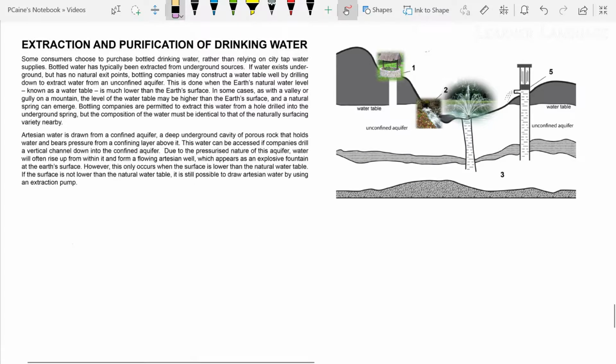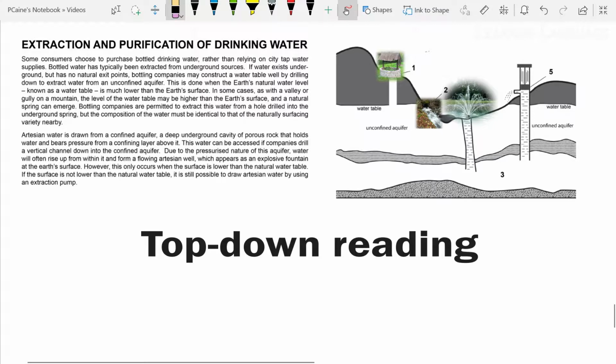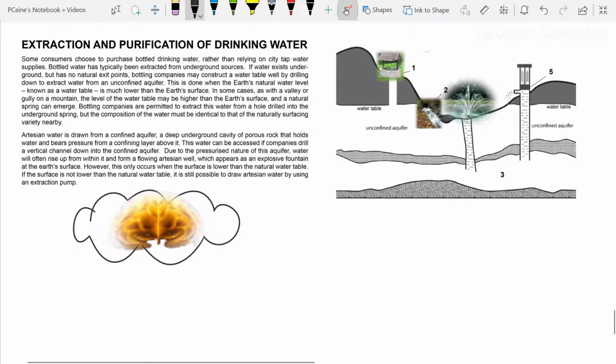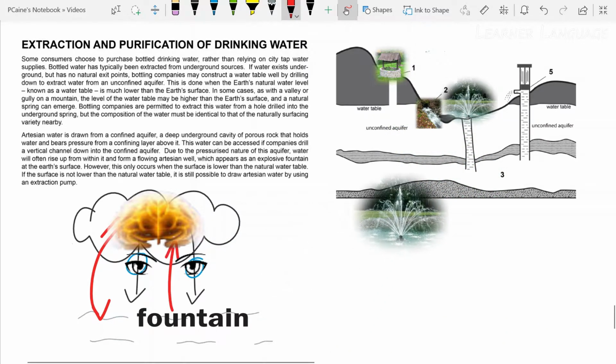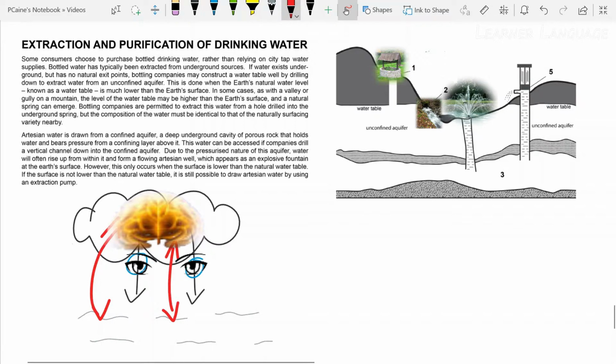And this process is called top-down, that you begin with the image in your mind, and then you look, I guess, with your eyes, and then you check the words to make sure that your ideas are correct. So every time you read a word, you're comparing it to your picture. You read another word, you're comparing it with your picture. And this is what we call top-down reading.